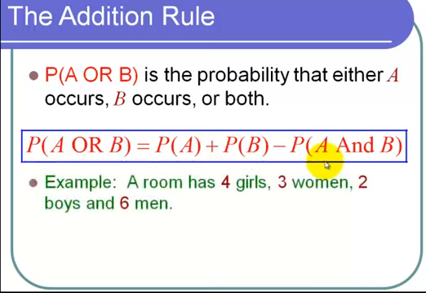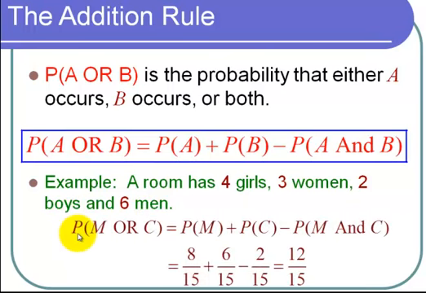So for example, let's suppose that a room has 4 girls, 3 women, 2 boys, and 6 men. So let's find the probability of a male or a child. So I'm going to let M correspond to being a male. So males are boys and men, of course.